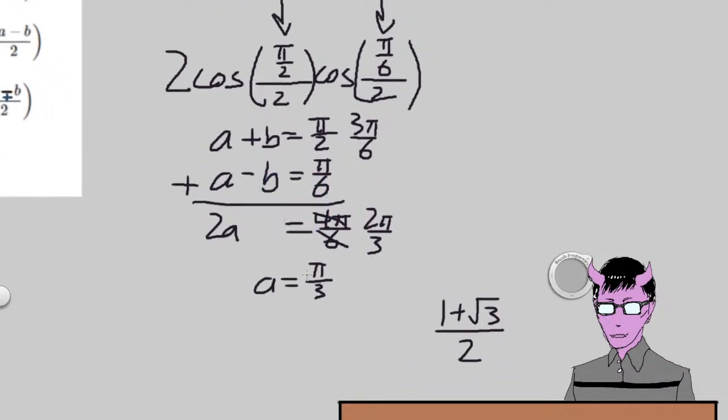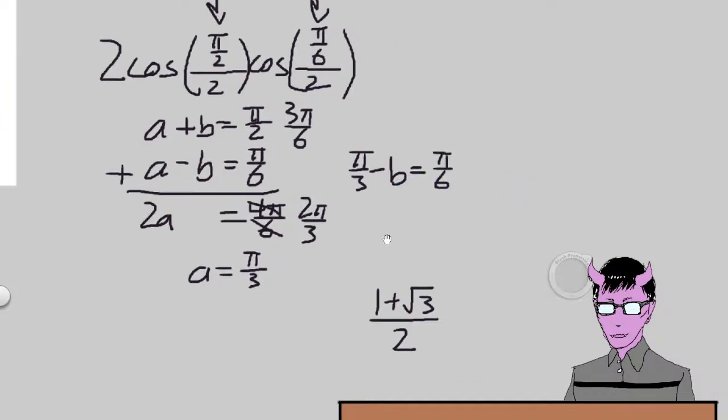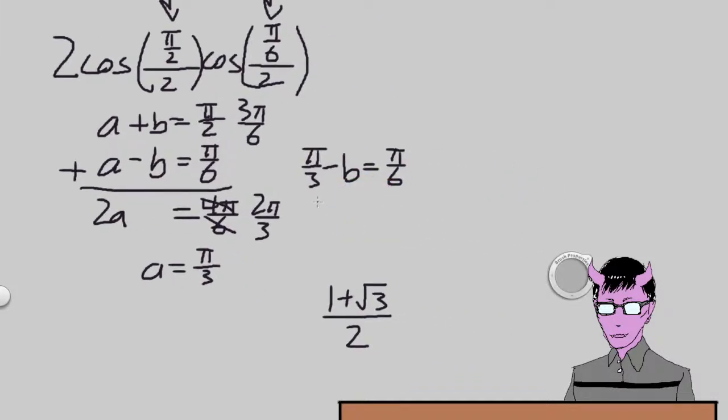And of course, we can back plug this in to solve for the second unknown. If A is equal to pi over 3, then all we need to do is subtract B, and then we're going to get pi over 6, right? So we're going to do the old swapperoo right here. And we'll change this one into denominator 6.